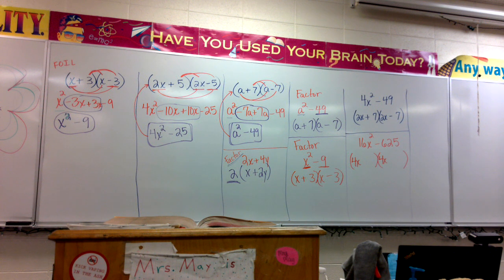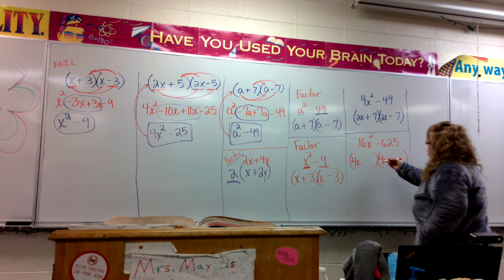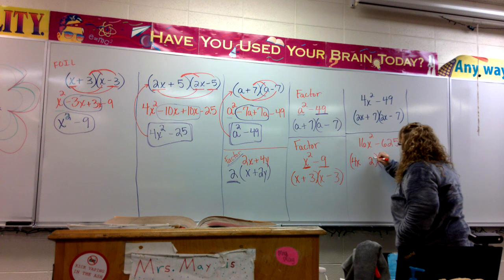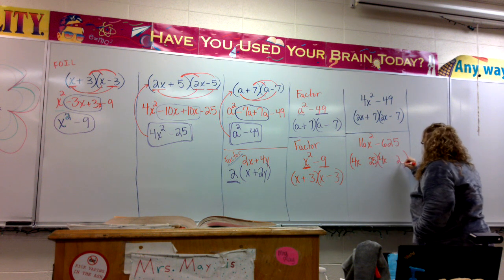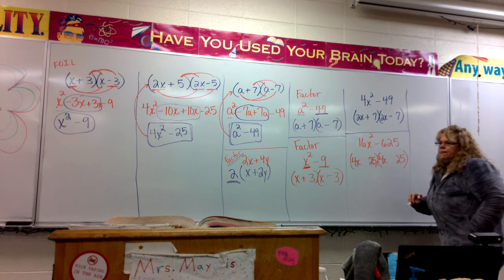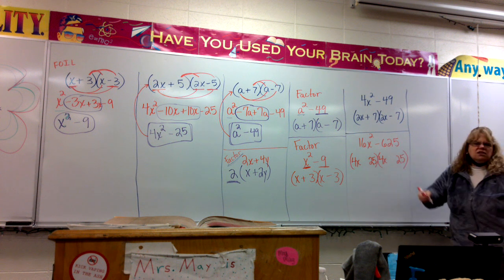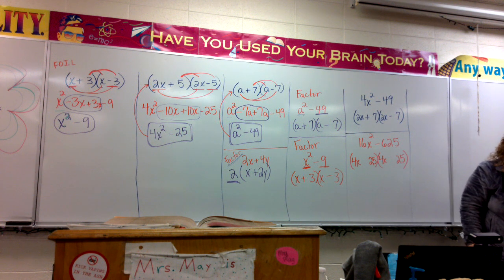What do you say? 25. He says 25, is that right? Yeah. What's 25 times 25? 625. That one's a little more challenging because you couldn't just look at it. If you can't figure that one out, let me know and I'll just help you with it. I won't put one that big on the test, probably.